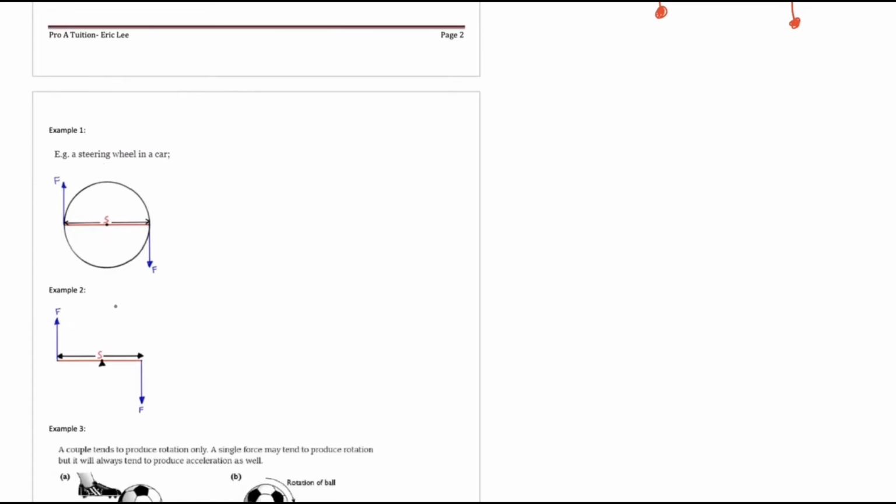Now example one, a steering wheel in a car. This one I explained already. What happens is rotation happens. Maybe we can call this a seesaw, with the pivot here. This is known as the pivot.